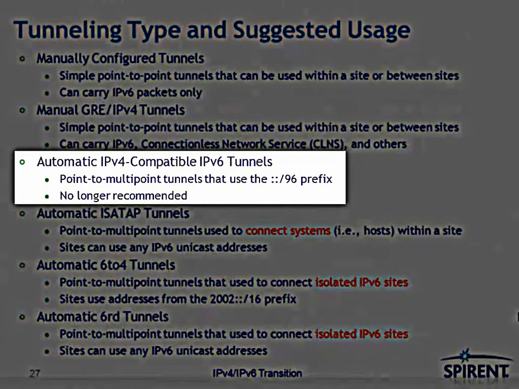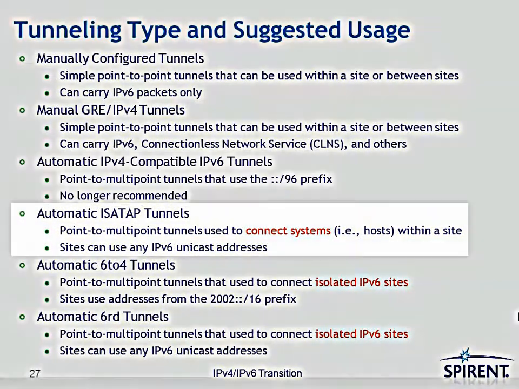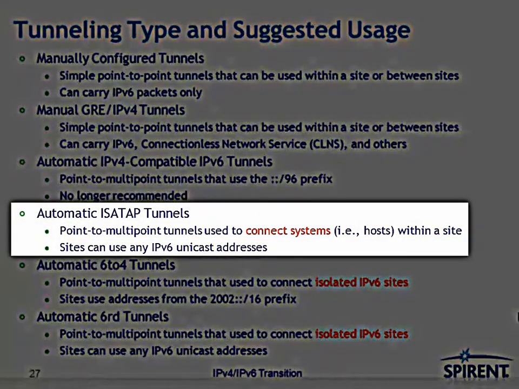Automatic tunnels, so you have what was originally referred to as a compatible IPv6 tunnel, where you had all zeros ending in the 32 bits of the IPv4 address. That's no longer recommended. Obviously, there is no routable portion from an IPv6 perspective. There's ISATAP tunnels, which, just like all automatic tunnels, are point-to-multipoint tunnels, used to connect systems, in other words hosts.